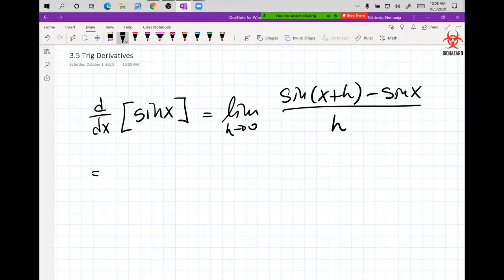Now remember, you're supposed to copy the limit in every step all the way down to the end.